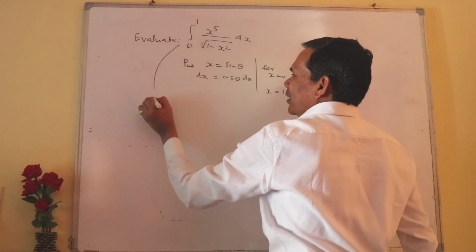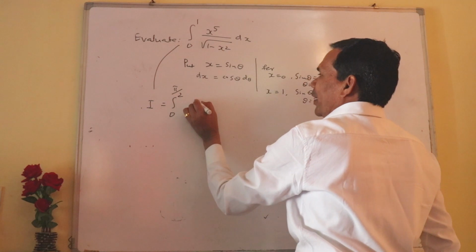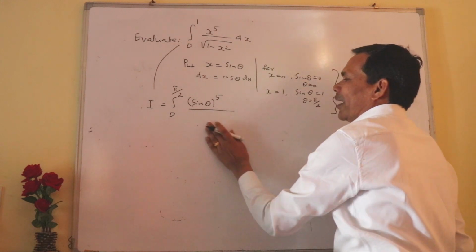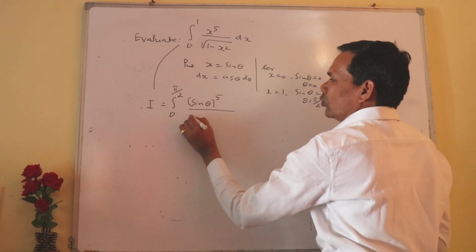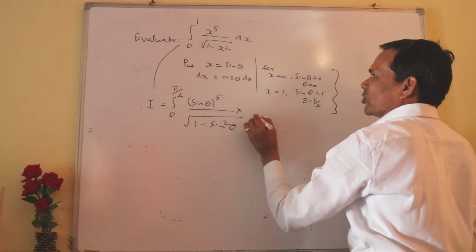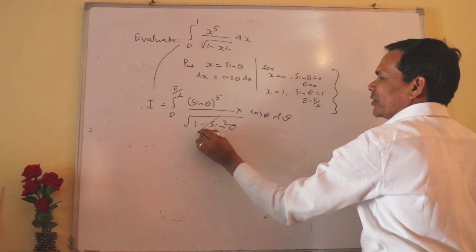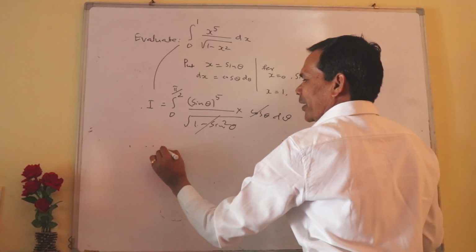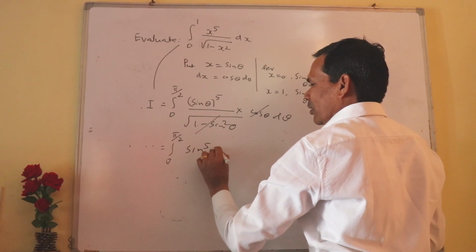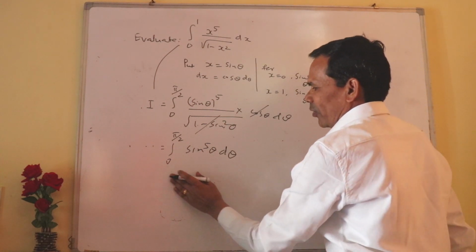Then we transform this integral into the integral from 0 to pi by 2 of (sine theta) raised to 5 divided by root of 1 minus sine square theta, multiplied by dx, which is cos theta d theta. Now this gets cancelled, and you get the integral from 0 to pi by 2 of sine raised to 5 theta d theta, and this is readily our standard form of the reduction formulae.